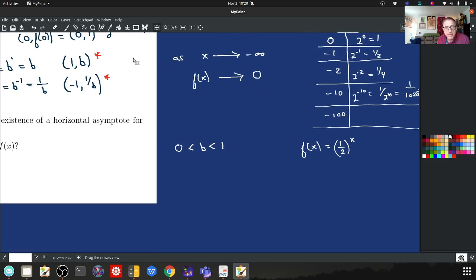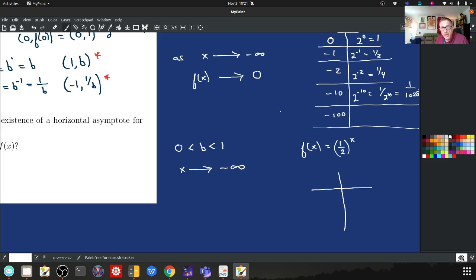Let's see what happens as x goes to -infinity. Again, we'll just make a few values here because we already know it's an increasing or a decreasing function. All we really have to do is find out whether it's increasing or decreasing. If it's decreasing, it'll continue to decrease. If it's increasing, it'll continue to increase.